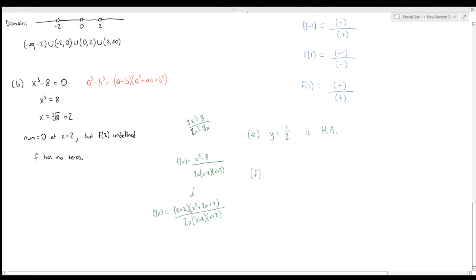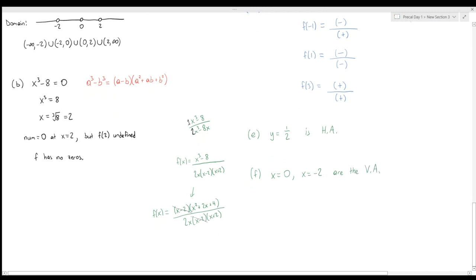So after the cancellation, what's left of your denominator is 0 only at x equals 0 and x equals -2. So then x equals 0 and -2 would be the vertical asymptotes of this function.